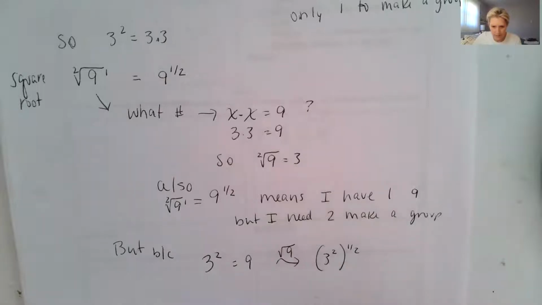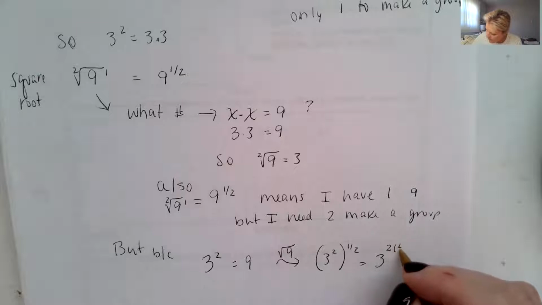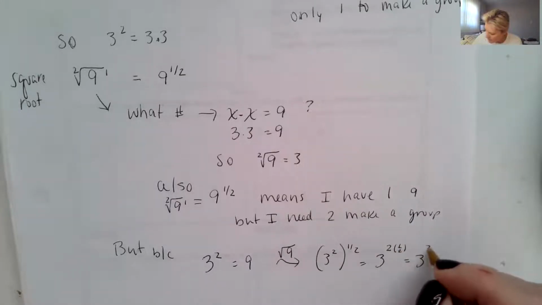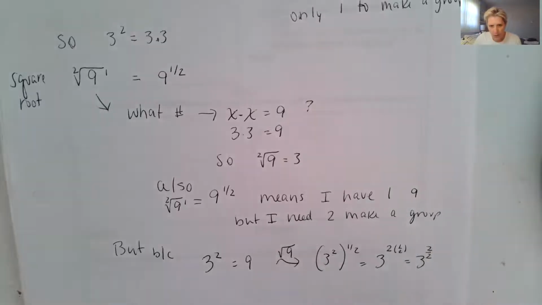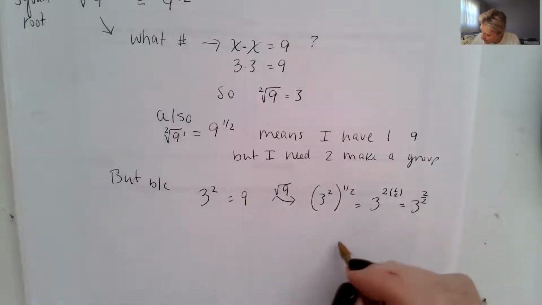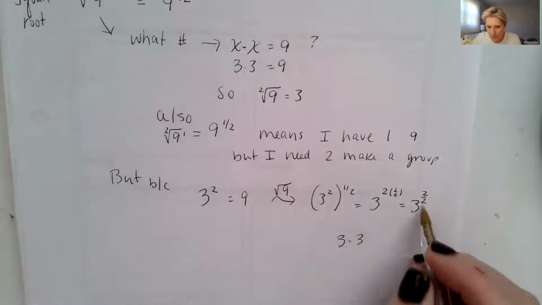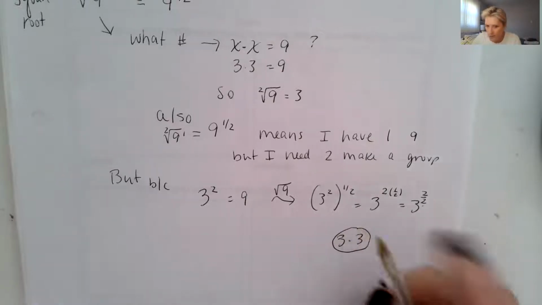is this. And then we can apply our exponent properties. It says a power to an exponent, so a power raised to an exponent, we multiply them, which becomes 3 to the 2 over 2. If we go by my definition up here, that means I have 2 3's, a 3 times 3, and the 2 in the denominator means it takes 2 to make a group.